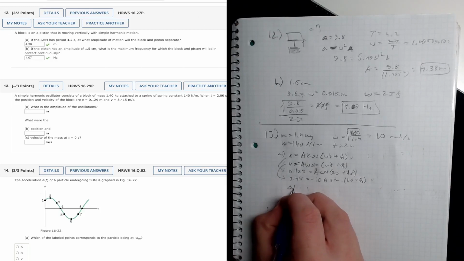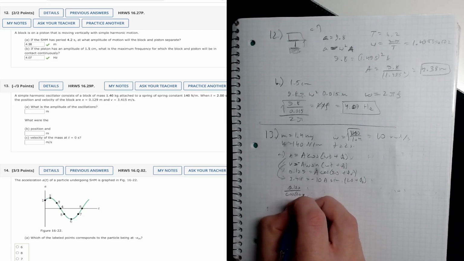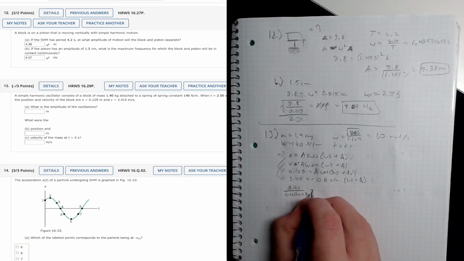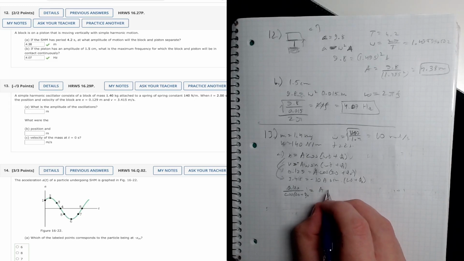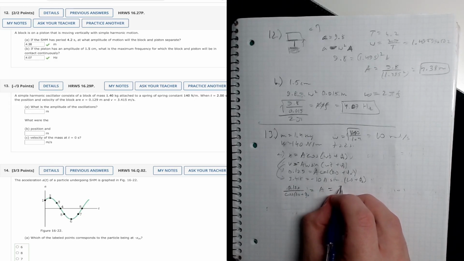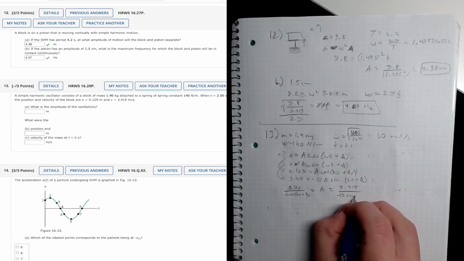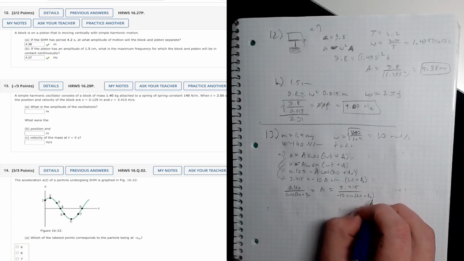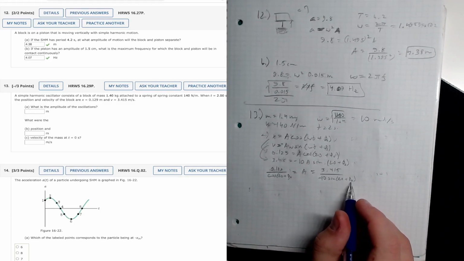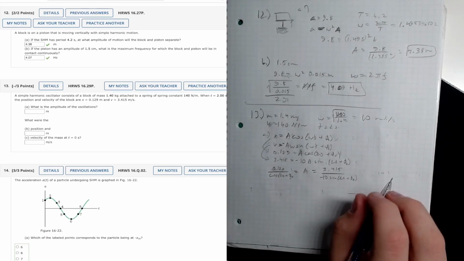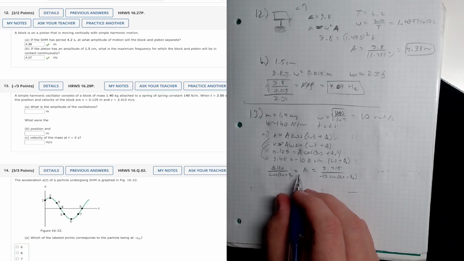So 0.129 over cosine of 20 plus the phase constant equals A, and the same thing on this side, where A also equals 3.415 over negative 10 sine of 20 plus the phase constant. Now set these equations equal to one another to find the phase constant. We'll put the phase constant back in order to do that.